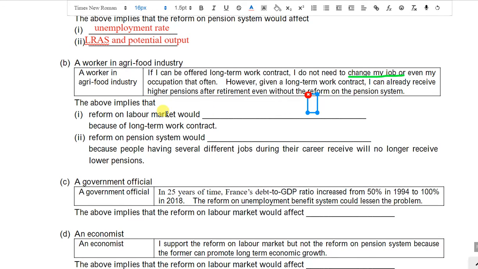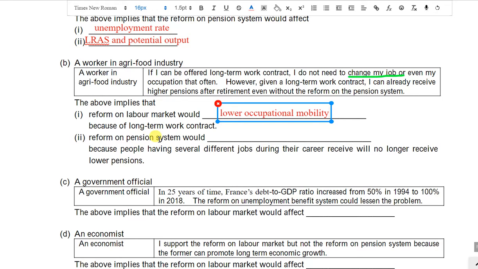With the reform on the labor market, they can have the long-term work contract. That's why they don't need to change the job or occupation that often, and that's why this will lower the occupational mobility of the labor. So this is the effect of the reform on the labor market.